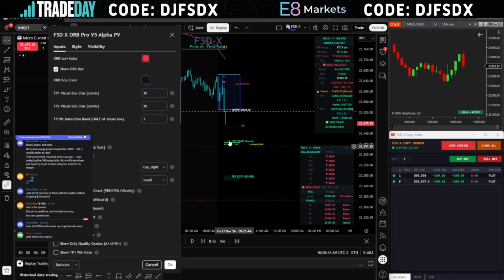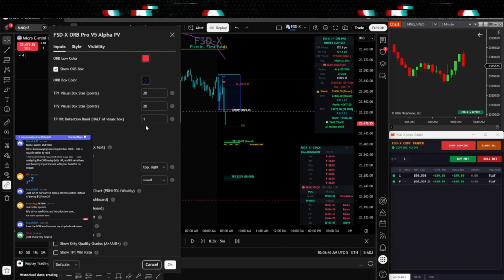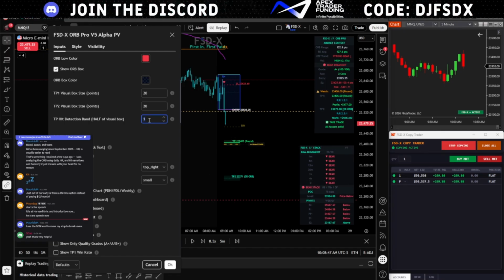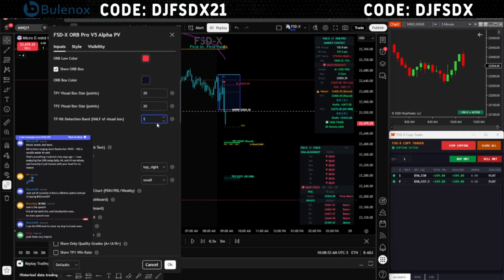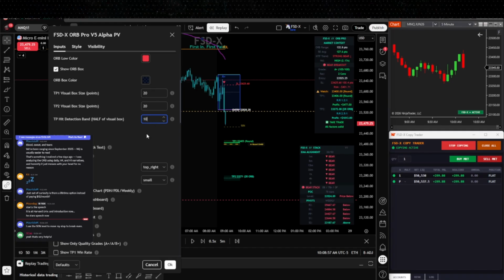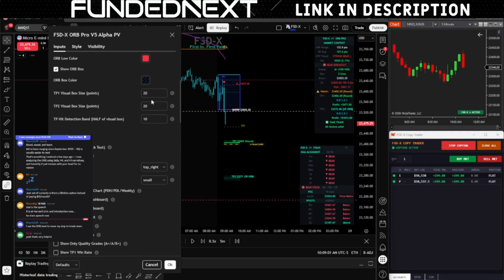Now you see how it moved both lines. So you put 10. Obviously this goes in tandem with this. So if you do like 30, you have to be 20. So you put 10, because that's half of 20.